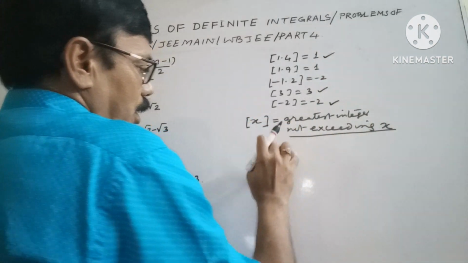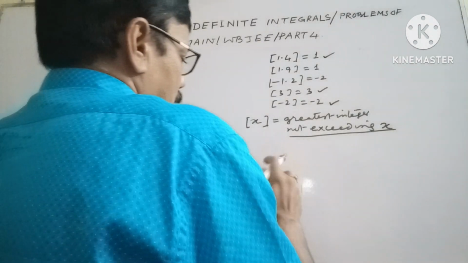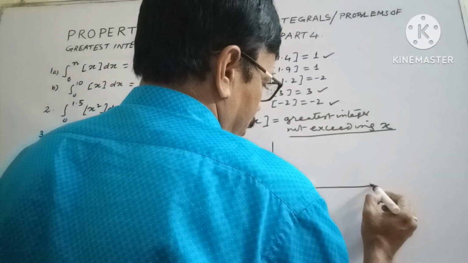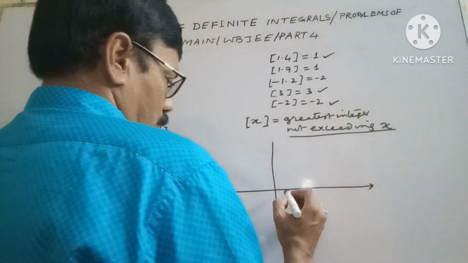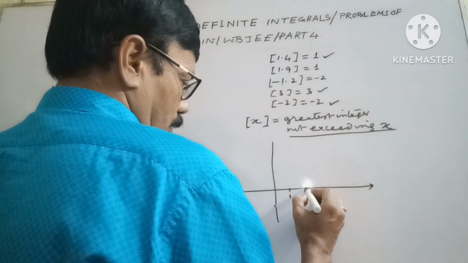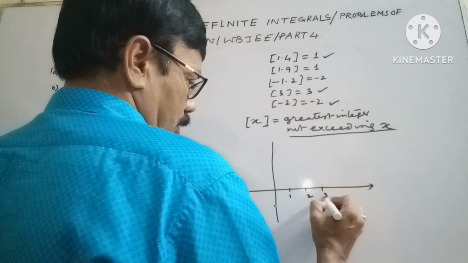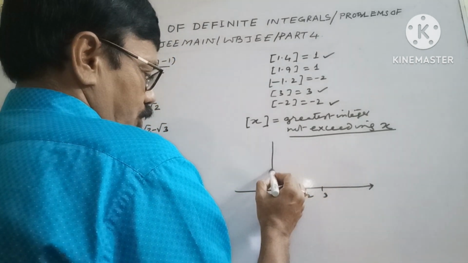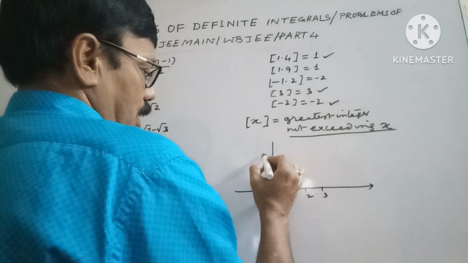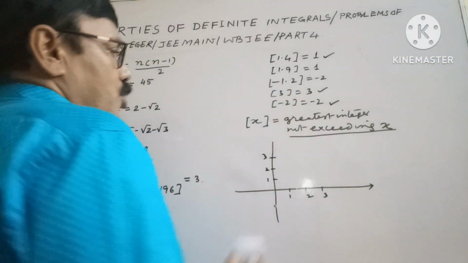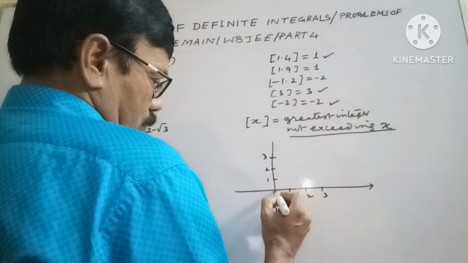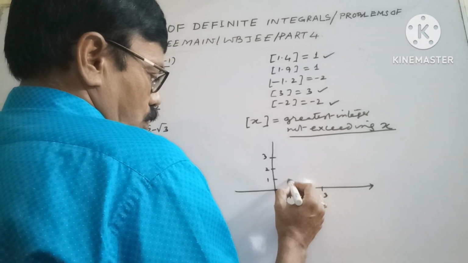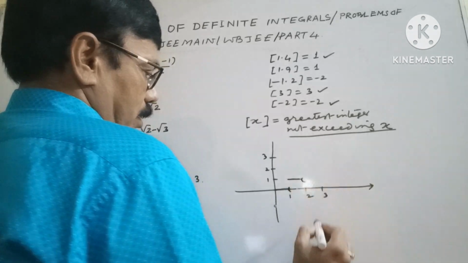And you know, it is a periodic function. I have already discussed the graph of it. So this is 1, then 2, if you write it, 3. So in 0 to 1, the value is 0. In 1 to 2, the value is 1.